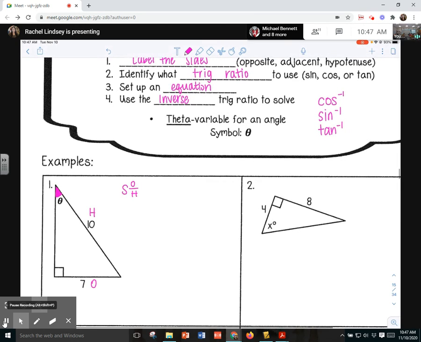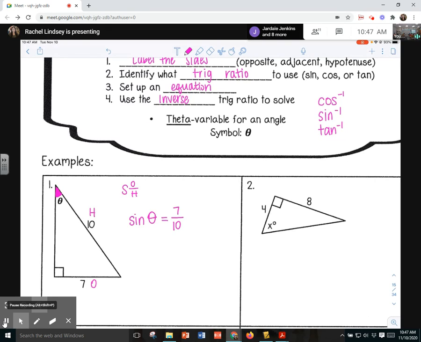And then we set that up exactly like we did yesterday and earlier today. So sine of our angle, which is theta, just a 0 with a line through it, equals opposite 7 over hypotenuse 10. So now to get rid of that sine, you have to do something to the sine to make it go away.